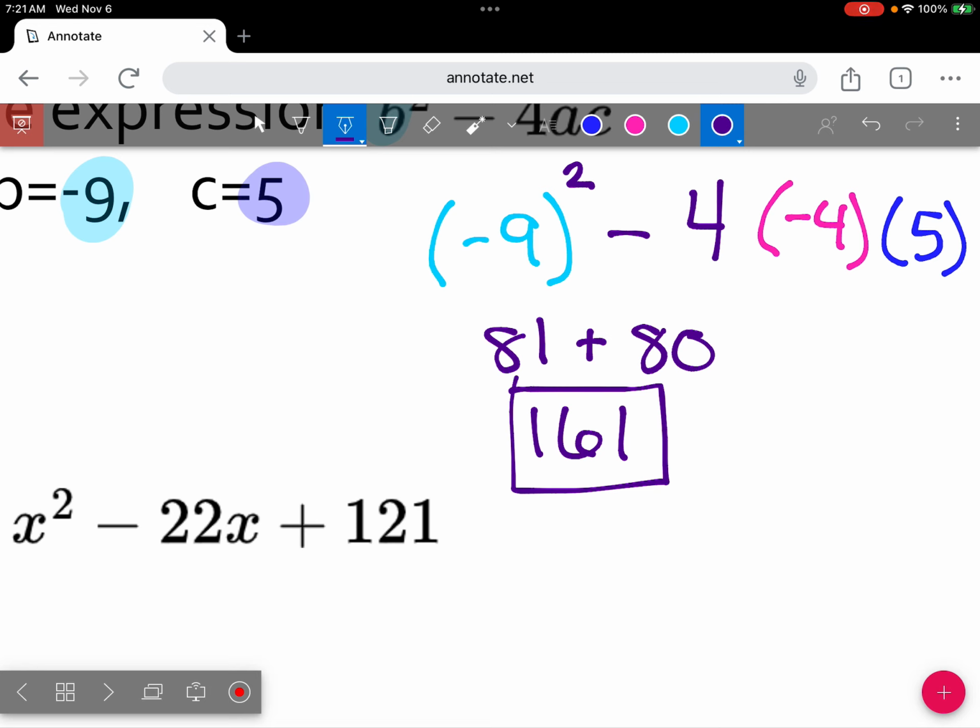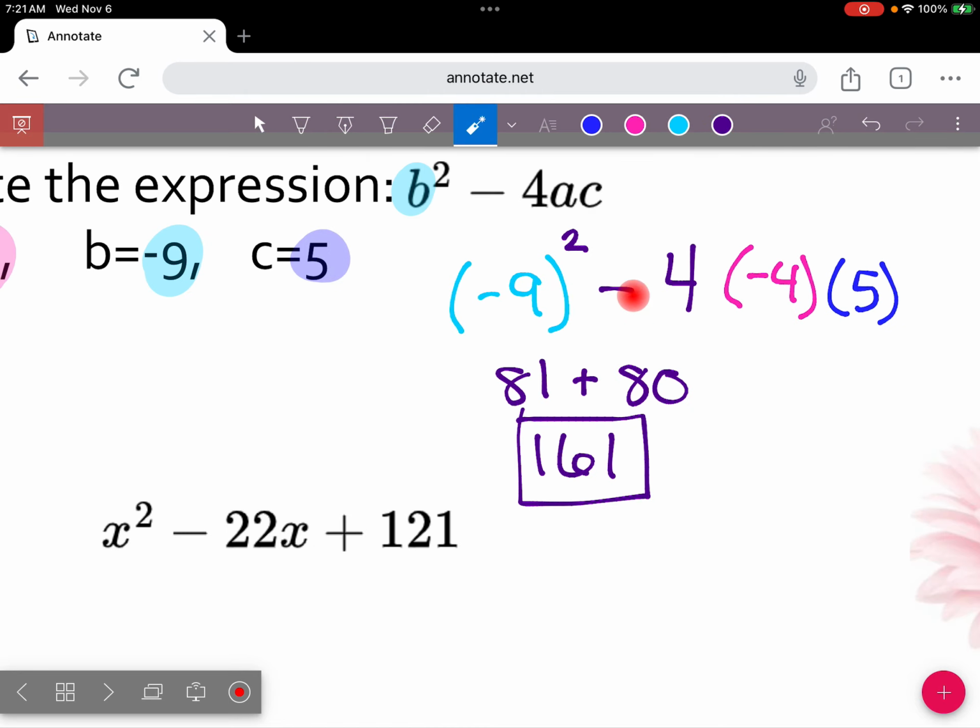If you put it in with the parentheses, you can put your (-9) in parentheses squared, minus 4 times (-4) times 5, and it'll spit out 161 exactly as it is. So you can type it in the calculator exactly as it is right here, and it'll spit out the right answer, as long as you include those parentheses. You've got to include the parentheses.